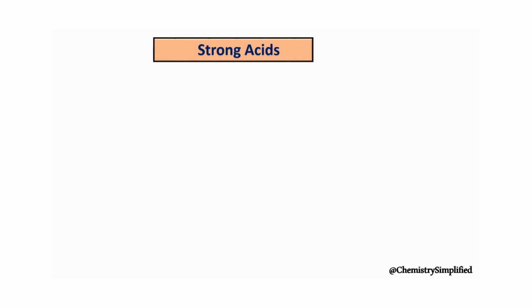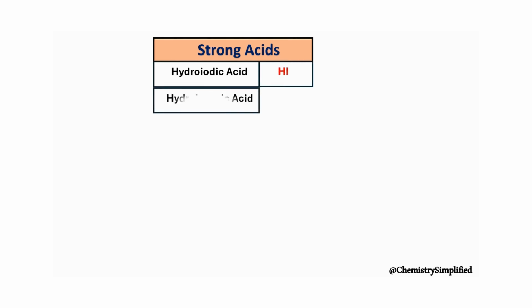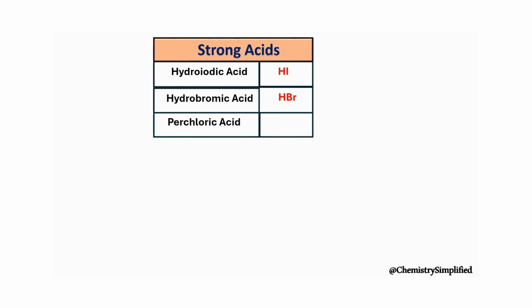So let's look at a list of the strong acids. The strongest among the acids would be hydroiodic acid, HI. Next we have hydrobromic acid. Then we have perchloric acid.